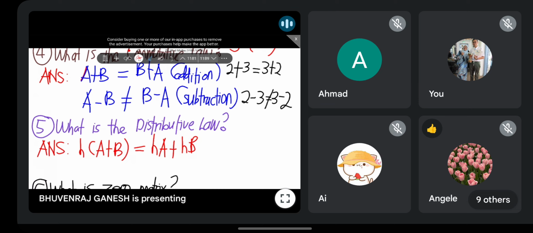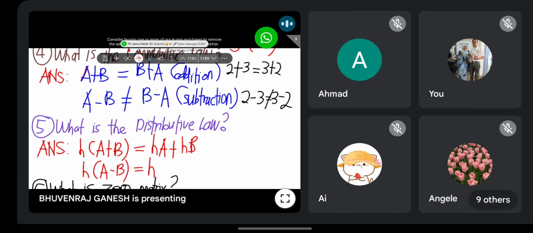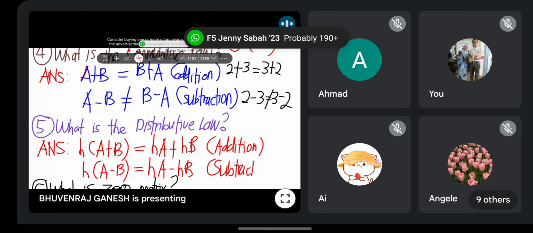You can use any letters you like, ABC or HAB, it doesn't matter, as long as it shows the concept. Same thing: a(b - c), you are going to get ab - ac. This one is for addition, and this one is for subtraction.